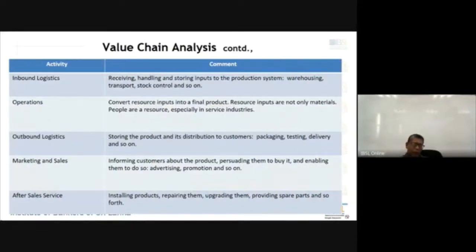Now you look at inbound logistics. So you are receiving, handling, storing inputs for production to start. So that is inbound logistics. The operations mean the next activity, converting those resource inputs into a final product.